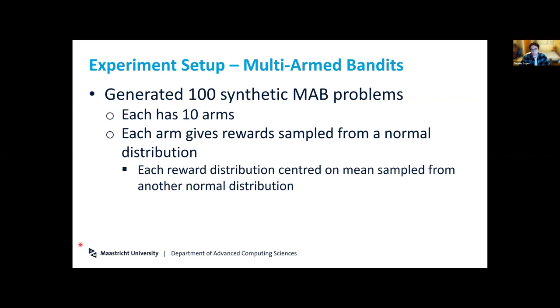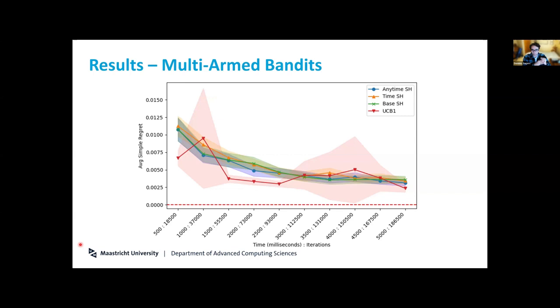So what we did was generate 100 synthetic multi-arm bandit problems, 10 arms, and then see how the algorithms perform on a very synthetic basis. This allows us to scale up and think about a theoretical maximum performance metric, because when we get to the board games that we're going to test on, there's a lot more variables to take into account when comparing algorithms. Next slide, please.